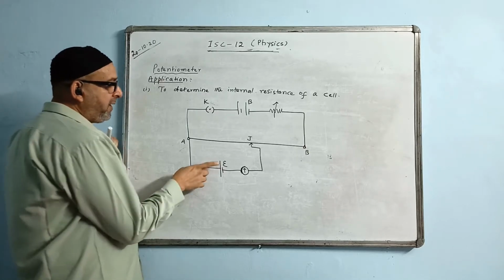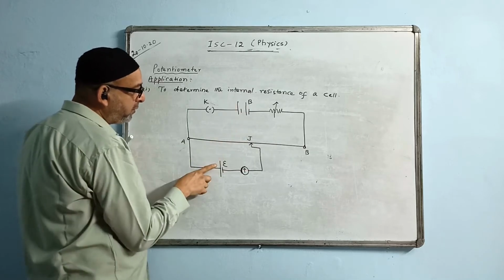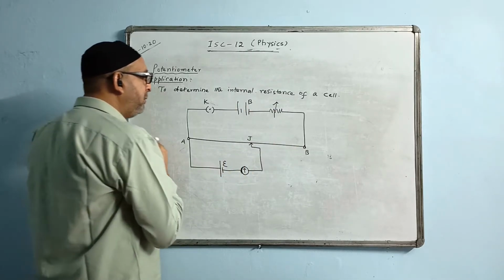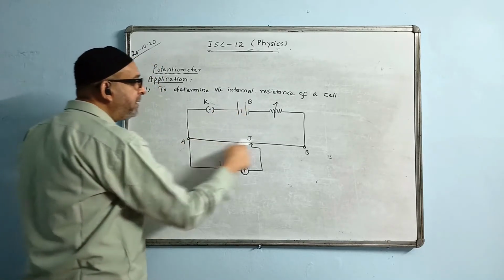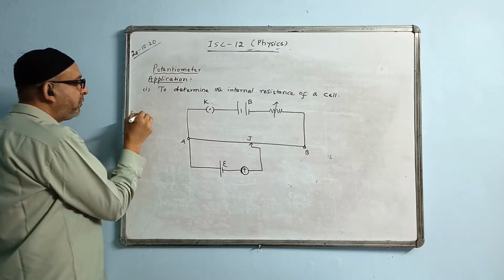Now you can see what is happening. Suppose we are having a cell like the previous one I showed you, connected to the cell, positive with positive, negative side is the other side. And what is the potential gradient of the wire for null deflection?